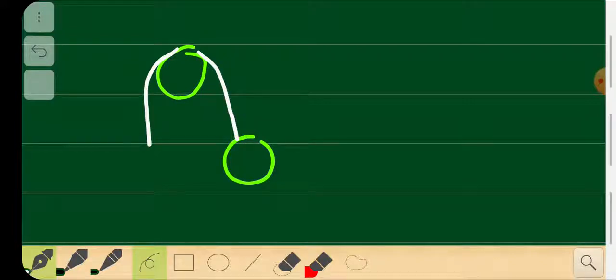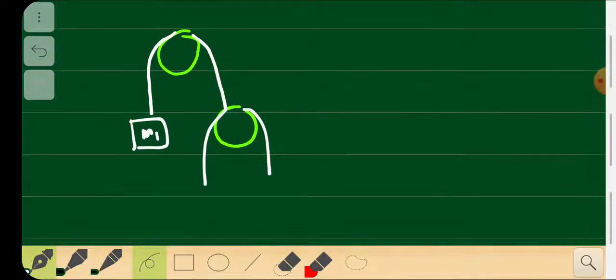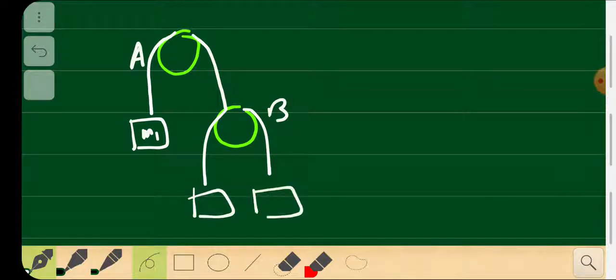I have the mass m1, and I have two masses hanging onto this pulley. Let's call this the A string, and this is the B string. So there are two masses, m2 and m3. This is the situation now redrawn.